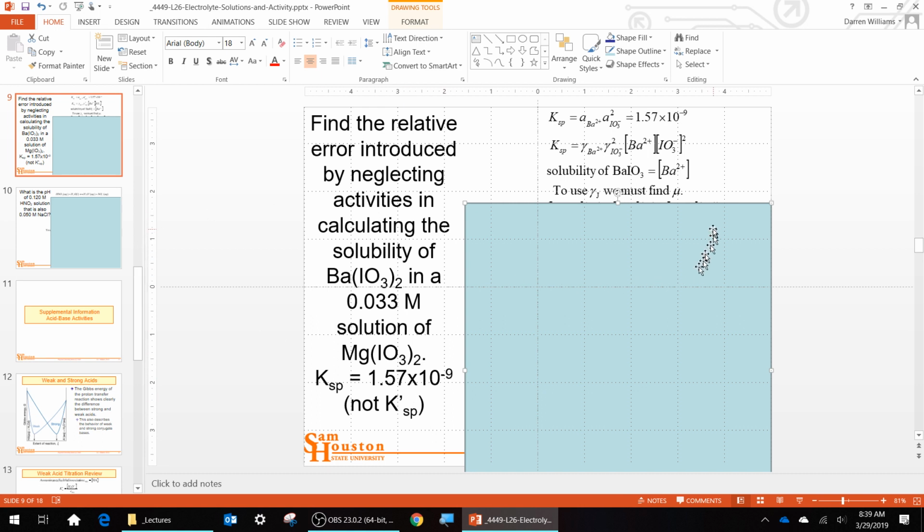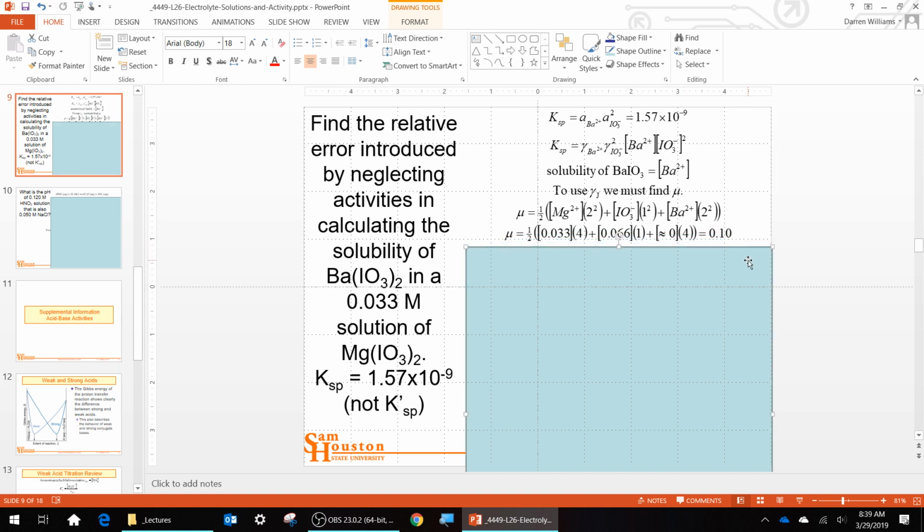So we also need to find the ionic strength before we can get those gammas. And so we have the magnesium ions, iodate ions, and barium ions in solution. And so chew on this next equation for a little bit.